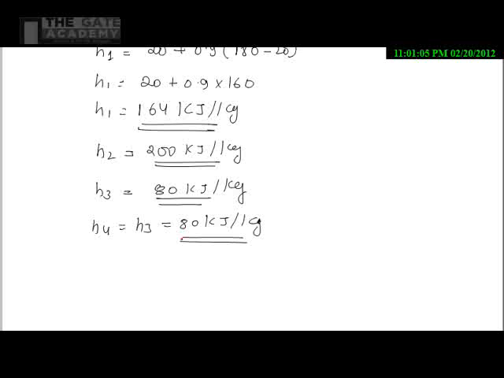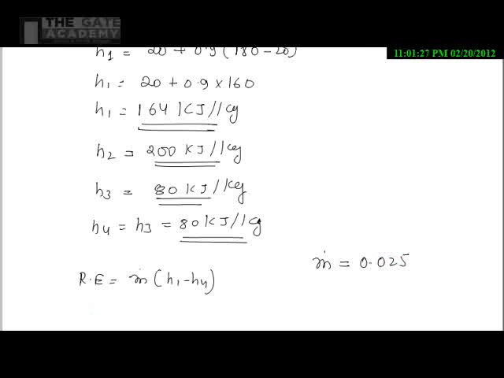Now let's find out the refrigerating effect. The refrigerating effect will be m dot into H1 minus H4. In the problem, m dot, that is the refrigerant circulation rate, is given as 0.025.